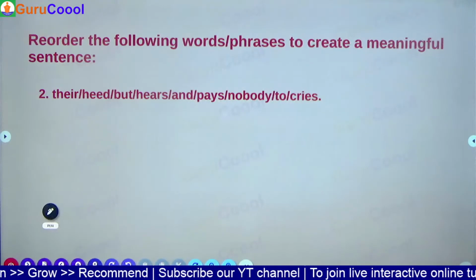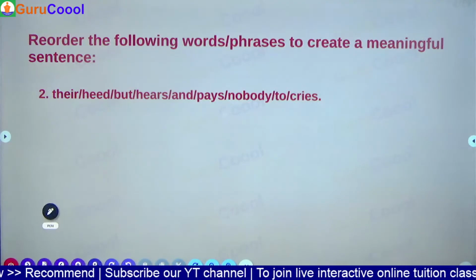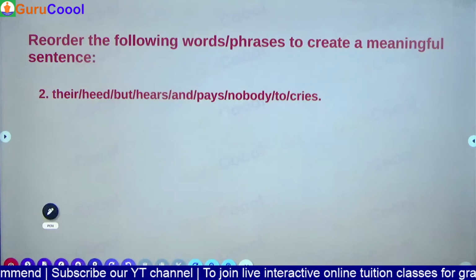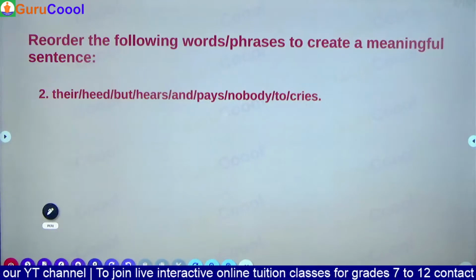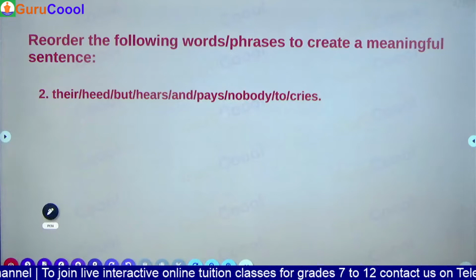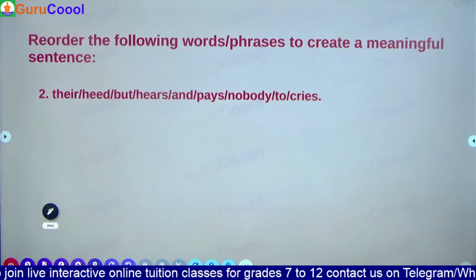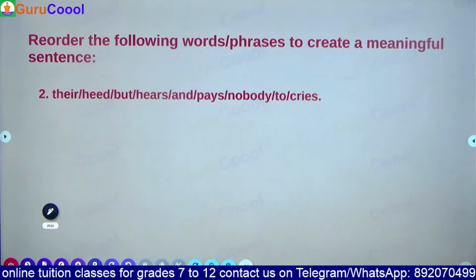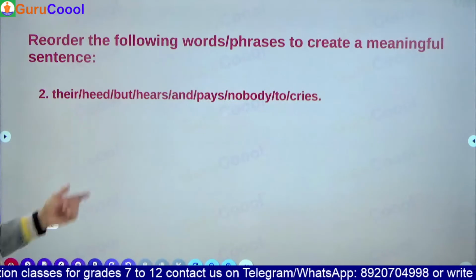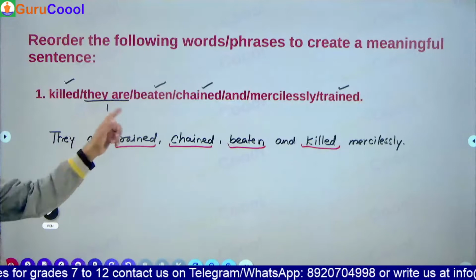Heed means any attention, help, any support. You can think of this sentence in continuation with the first one.